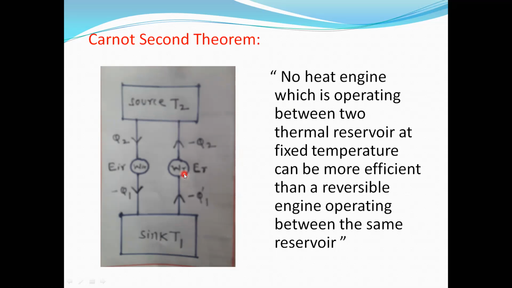We have considered two engines, one reversible, denoted by ER, another irreversible, denoted by EIR. Work produced by a reversible engine is denoted by WR, and work produced by an irreversible engine is denoted by WIR.